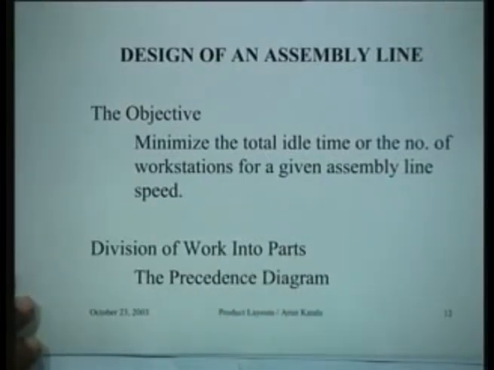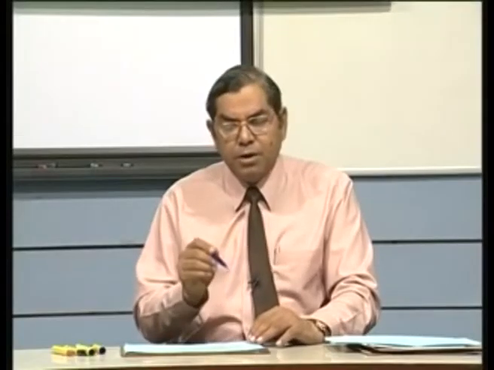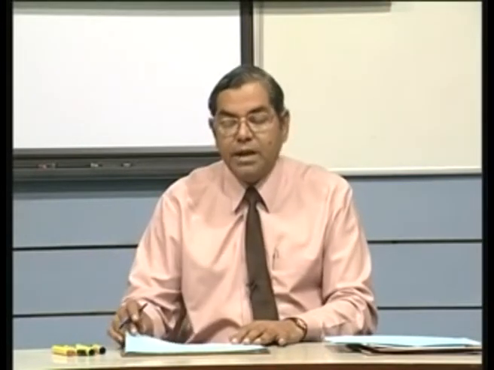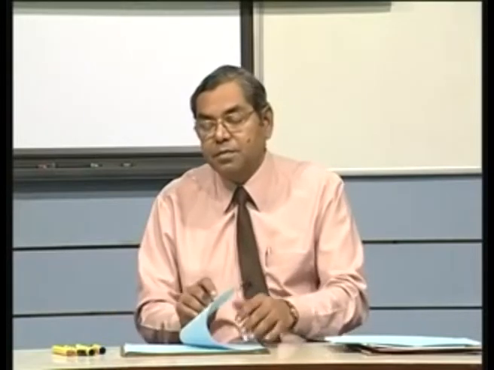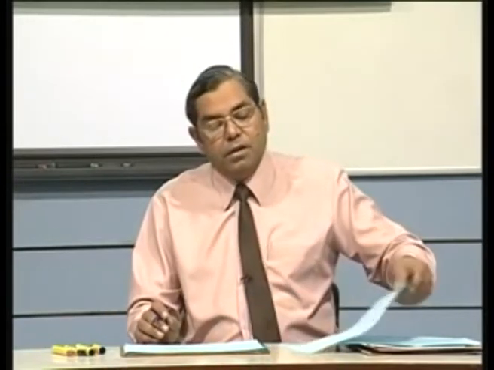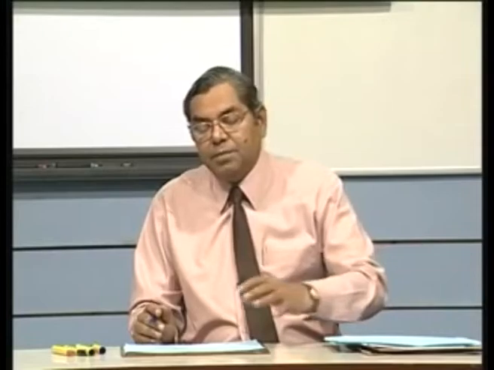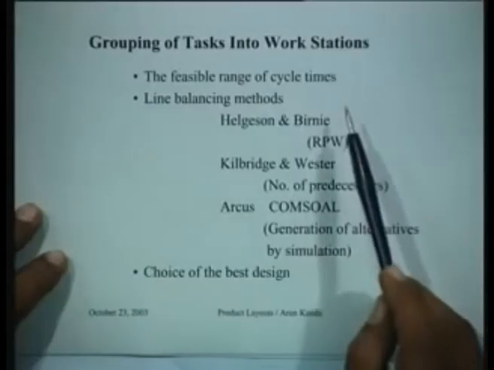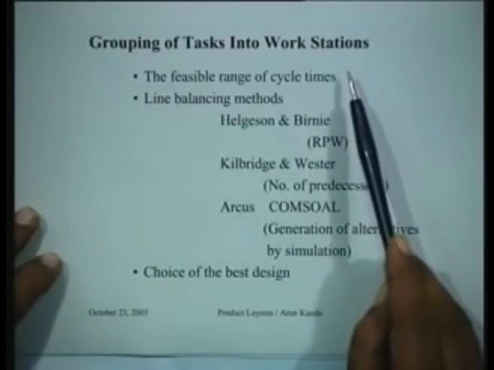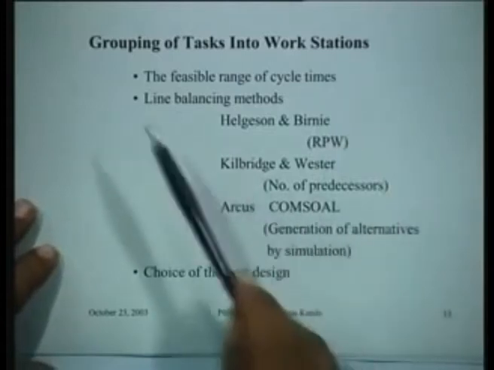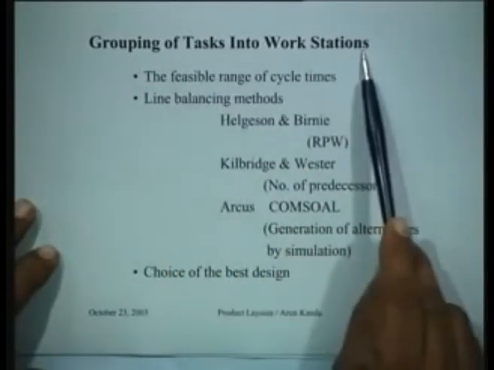So the precedence diagram is basically a projection of what are the components or the parts that have to be done in the overall product and in what particular sequence. Once we have done this development of tasks, the basic design of the assembly line is actually done by grouping the tasks into workstations.